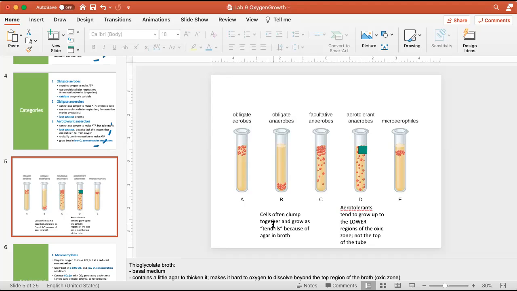Now, another note, this is important here. Depending on how long you leave these tubes in the incubator once you inoculate them, if you grow a lot of cells in these tubes, what tends to happen is they clump together. So you're going to get clumping that happens all the way through the oxic zone or way down at the bottom of the anoxic zone.